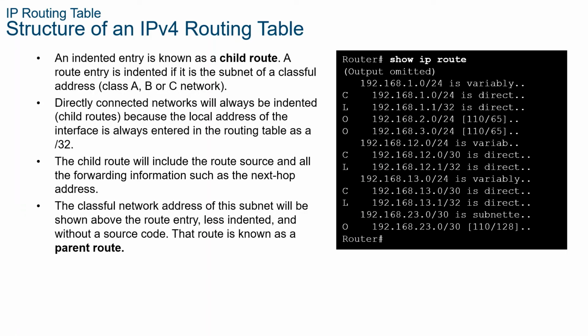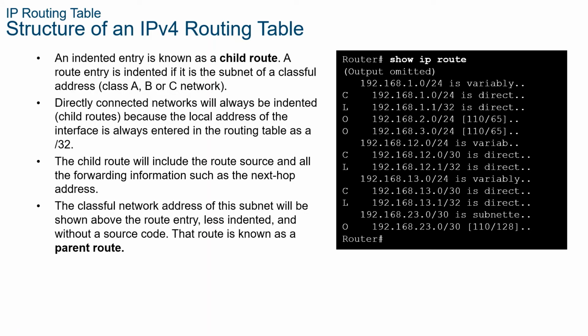So you'll have this indented on the routing table. A route entry is indented if it is the subnet of a classful address class A, B, or C network. So directly connected networks will always be indented, or child routes, because the local address of the interface is always entered in the routing table as /32. So the child route will include the route source and all the forwarding information such as the next hop address.